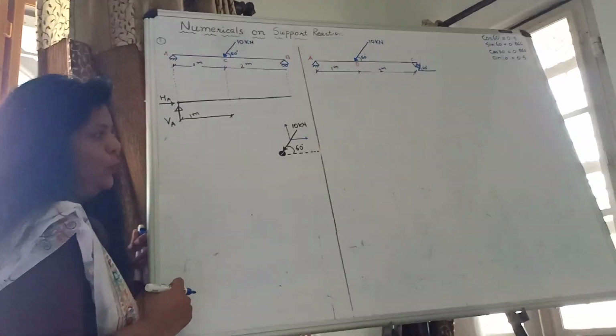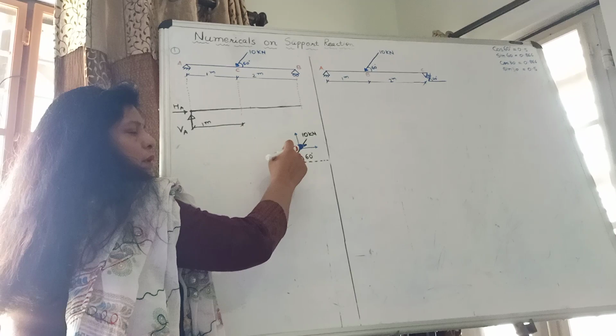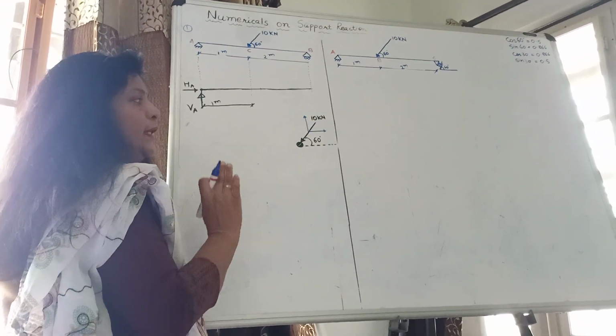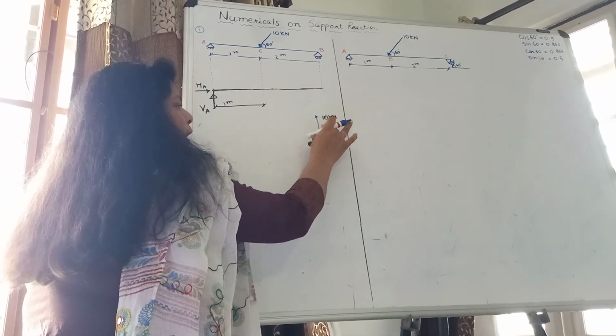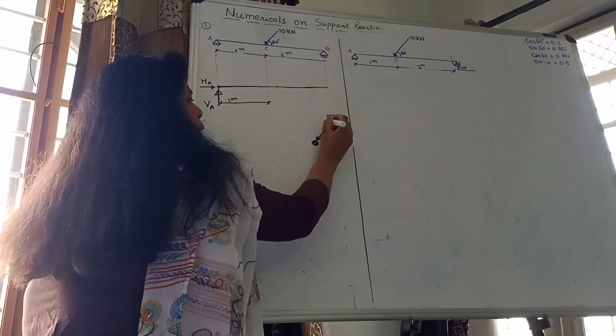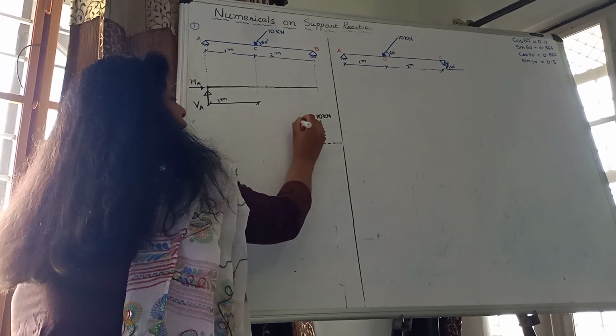It is wrong. Why is it wrong? Because the force is coming inwards and both the components are moving outward. If the force is coming inwards, definitely the components should also come inward. So now if I show this, is it the right resolution?